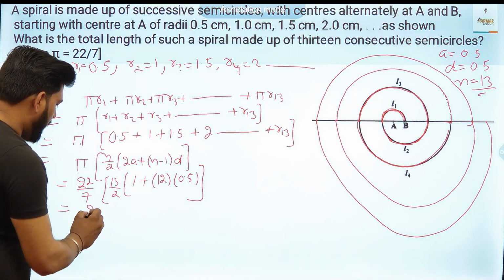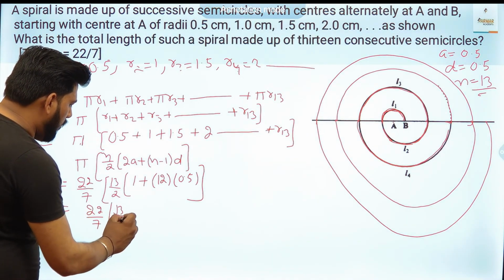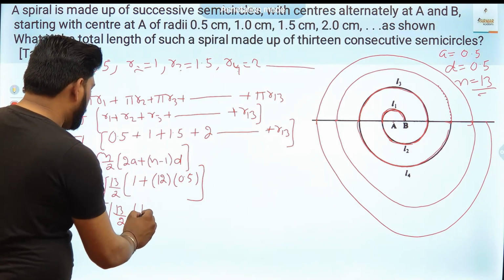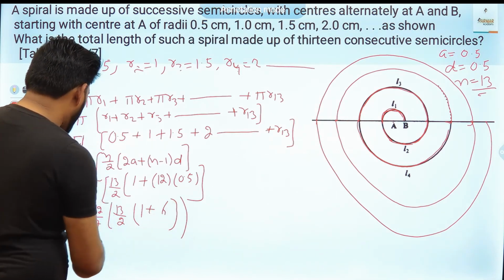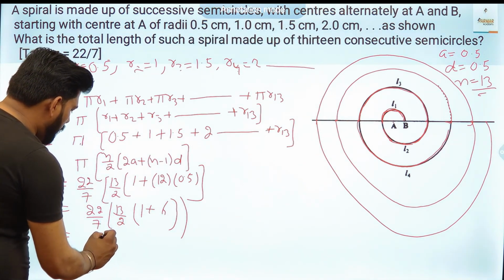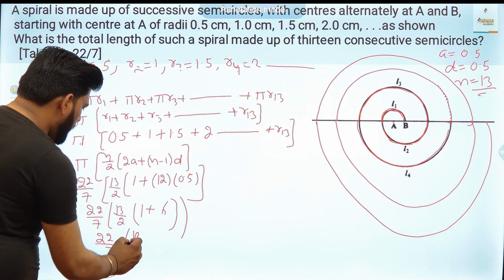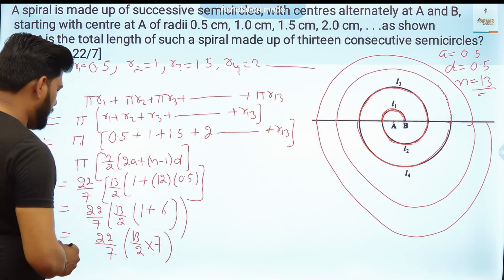That equals 22 upon 7 into 13 upon 2 into (1 plus 12 times 0.5, that is 6), which is 6 plus 1, that is 7.